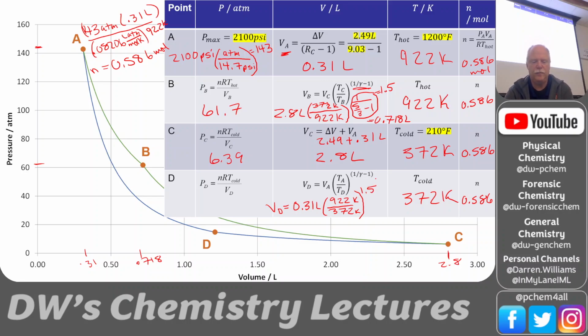Okay, so that doesn't change. 922, 372, divide, 1.5, y to the x, and 0.31 times, 1.21. And that looks about right too. And then someone do the pressure for me.